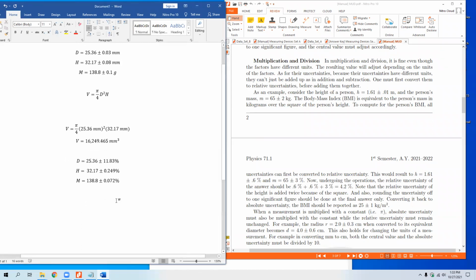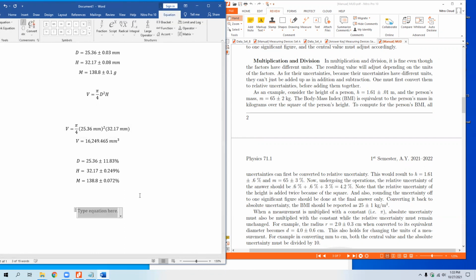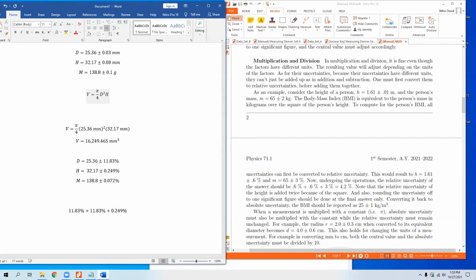So again, to get the volume, we'll have to add these relative uncertainties. So the relative uncertainties would be 11.83%. Note that the diameter is squared here, so we add it twice. And the height uncertainty, we add it again. We should get, this should be 0.118 pala.